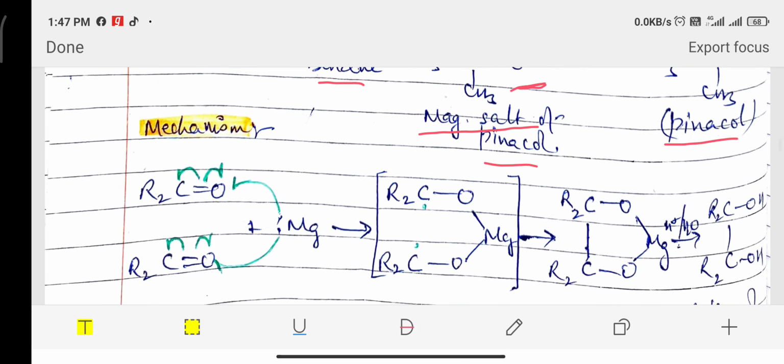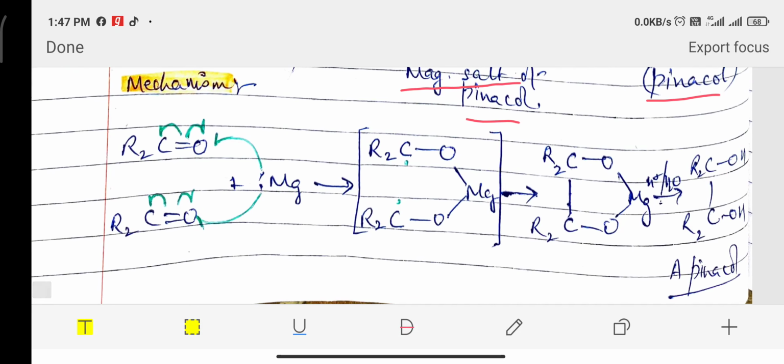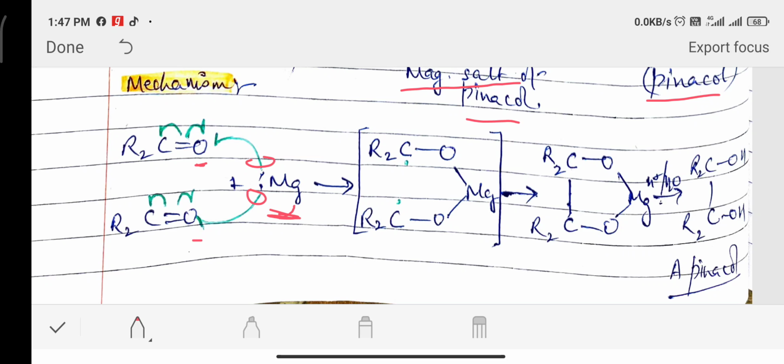So the mechanism is: first, magnesium is an active metal. Otherwise in reactions we generally use Mg2 positive, but here magnesium metal itself is used, that is, it has two valence electrons, and through these single electrons it forms a bond with this oxygen and with the other oxygen.